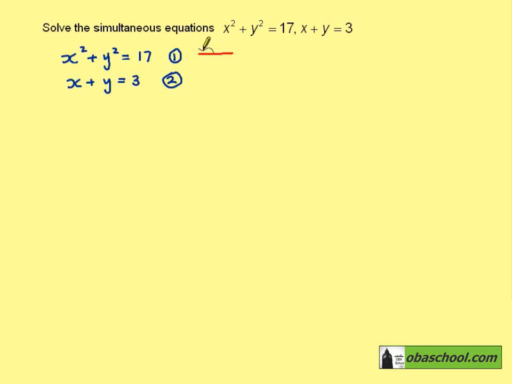If we look at equation 1, this is a quadratic equation. We can recognize quadratic equations as they'll contain x squared, y squared, or possibly xy. They may contain 1, 2, or all 3 of these terms.